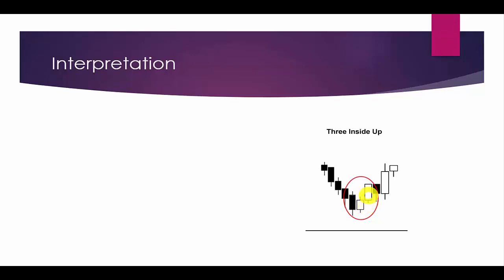So it means bulls are completely back in the game. Now bulls are dominating and sellers are trying to exit the market. Sellers are taking out their profits and going out of the market.